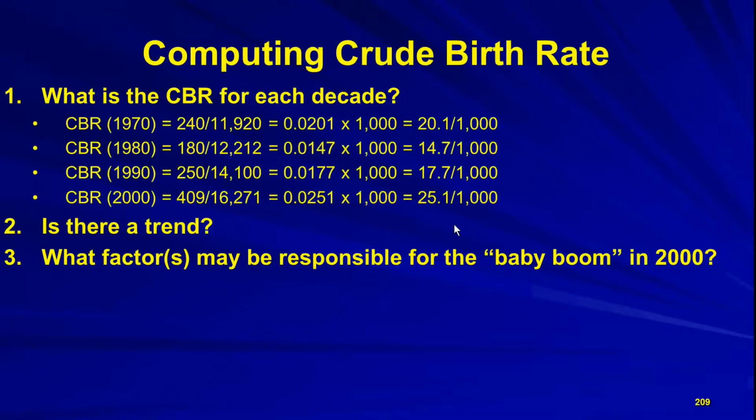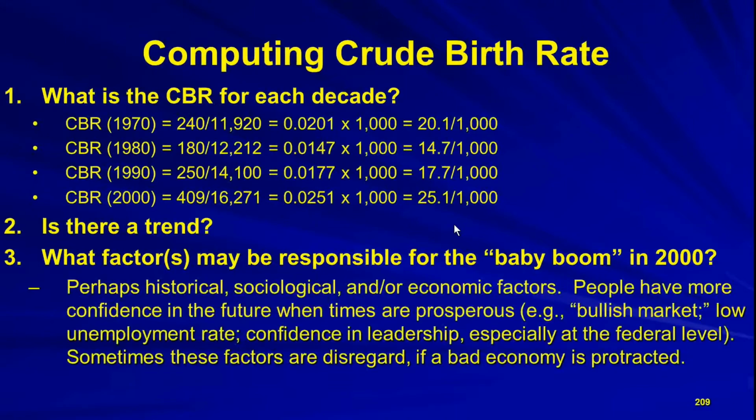But I did want to mention that in the 80s, unemployment was significantly high, and that's one of the factors that we attribute to the fact that there was a reduction in childbirth. Okay, so this will help summarize what I've said.